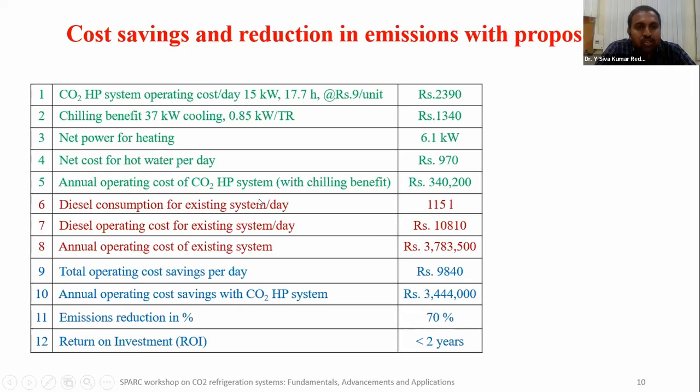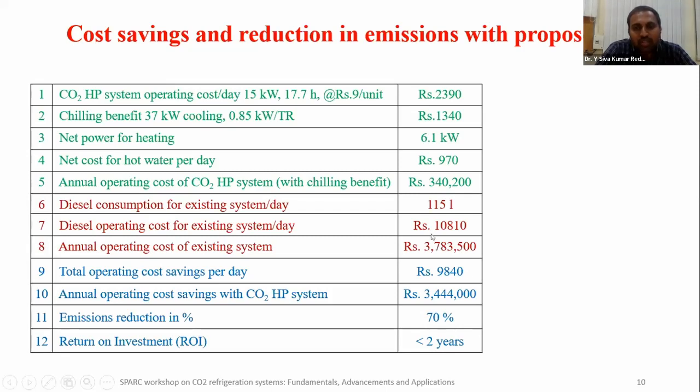On the other hand, if you see diesel consumption and its operating cost, with 150 liters of daily consumption, 10,800 is the operating cost per day, and the annual cost is around 37 lakhs. If we compare these two figures, we can see huge savings can be achieved with the CO2 heat pump chiller, almost 90%.